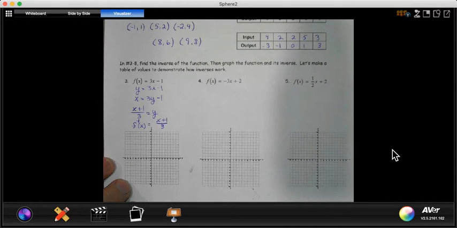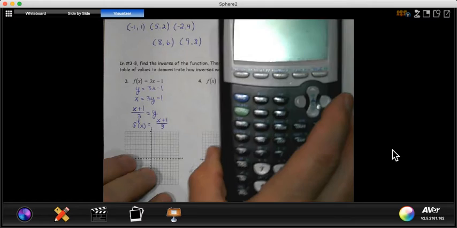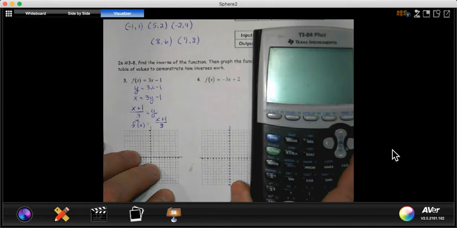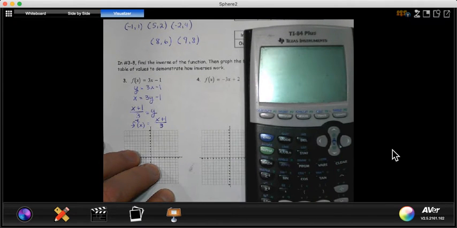It says let's make a table of values to demonstrate how inverses work. But what I think I'm going to do is get my calculator and show you on the calculator how this works. Maybe that'll help. So we don't have room to make a table.